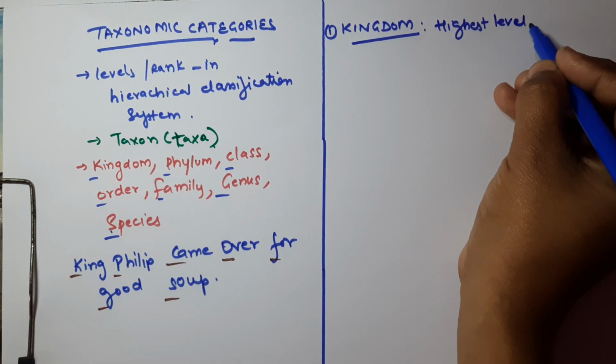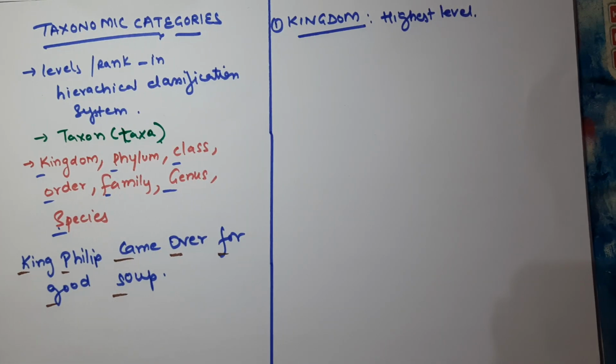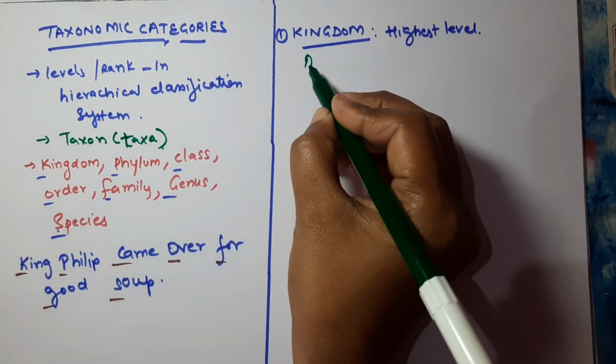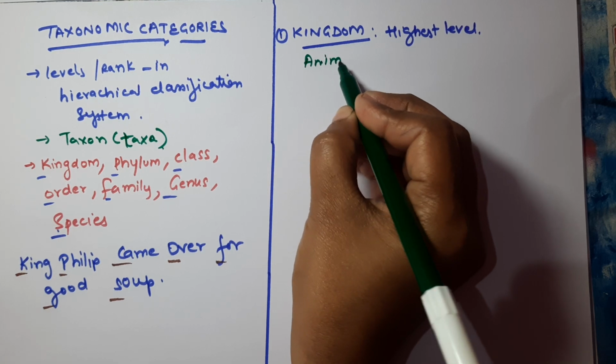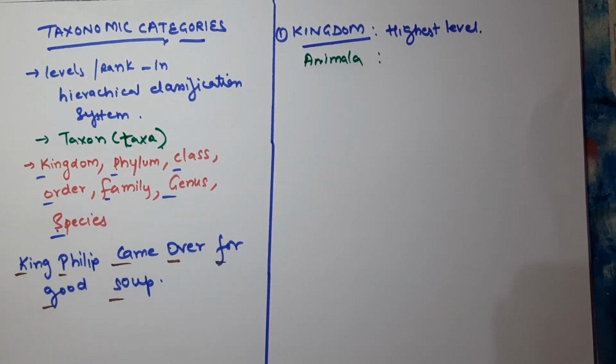of classification. Okay, and it divides the organism into broad groups based on the fundamental characteristics. Okay, so the division into the kingdom is based on the characteristics. Suppose for example, in the kingdom Animalia, all the multicellular heterotrophic organisms are placed.